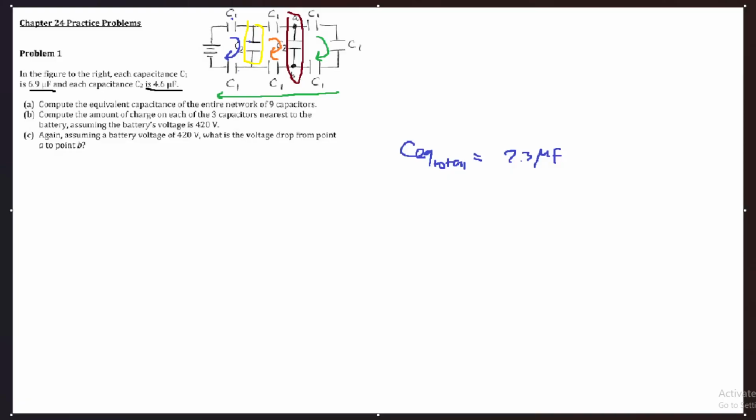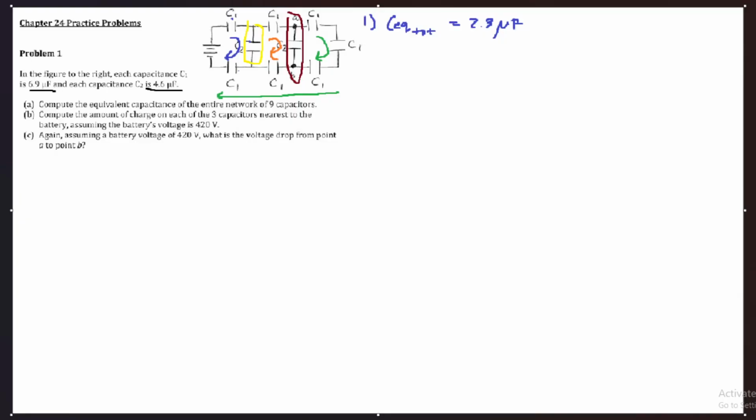This is how we would solve the first one. So we're gonna rewrite this real quick: CEQ total equals 2.3 microfarads from the 9 capacitors in our circuit.